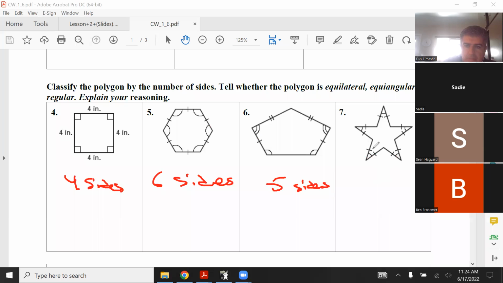And here we got, oh boy, 1, 2, 3, 4, 5, 6, 7, 8, 9, 10. 10 sides. So you call this a quadrilateral. We call this a hexagon. You call this a pentagon.